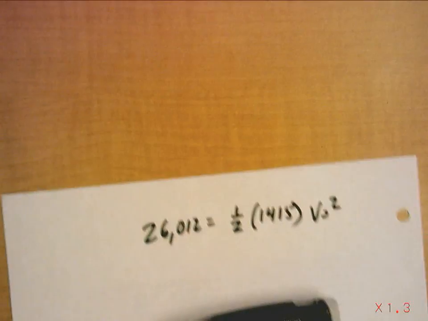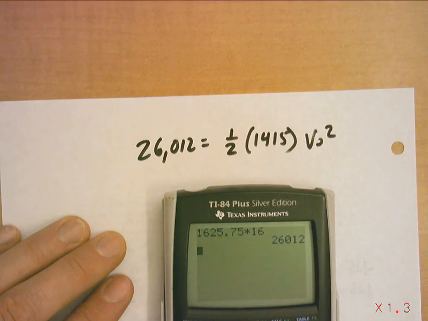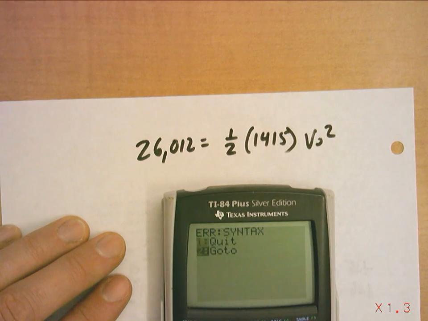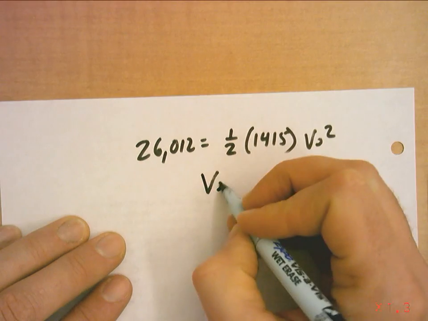So you're going to see real quick, take that net work divided by 0.5 times 1415. Whoops. And then we're going to square root that, and you get the same thing.